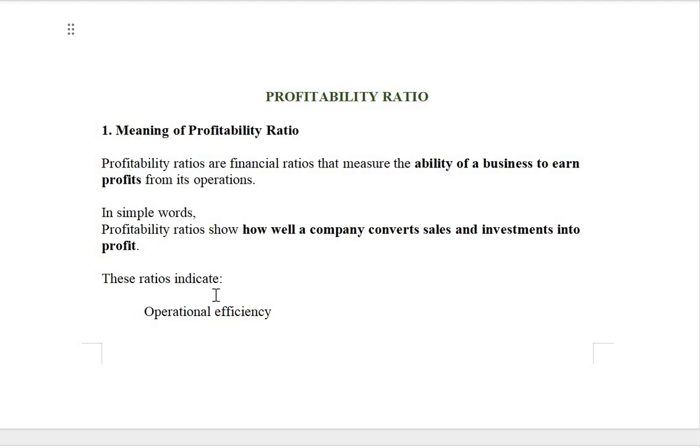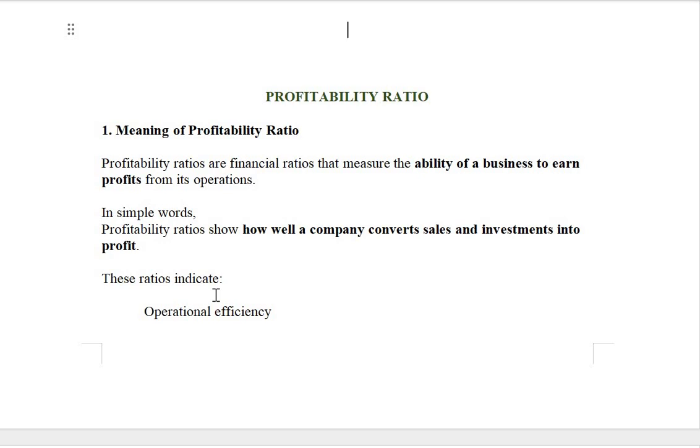The business is continuously operating its activity, so by doing this activity, what is the ability of the business to earn profit? That can be found out with the help of the profitability ratio. In simple terms, the profit ratio shows how well a company converts the turnover or sales and investment into profit.